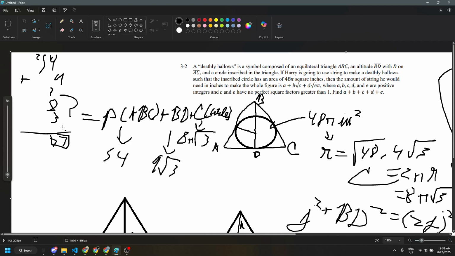Let's see. Okay, the answer is 98. Circle of radius 4 root 3, which we know, which is 1/3. Oh, okay, the altitude is.